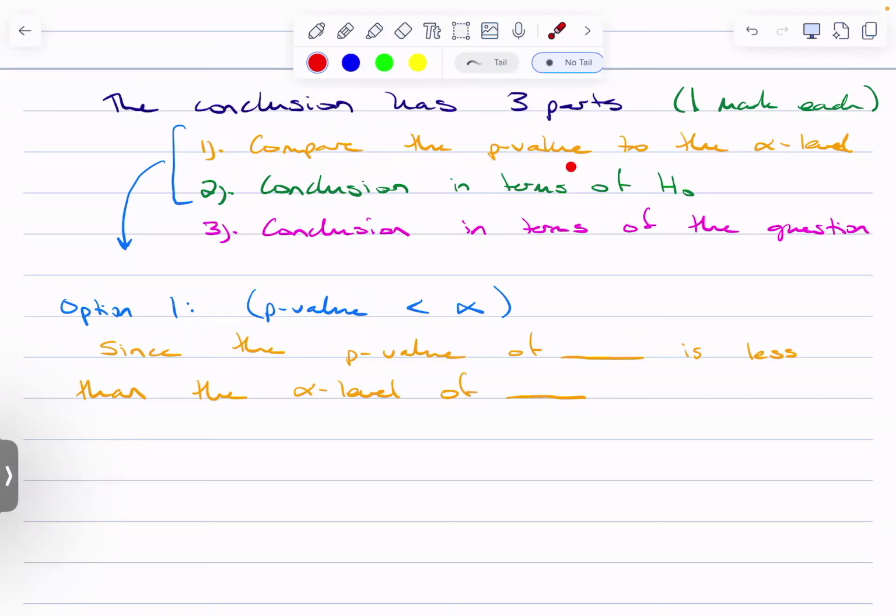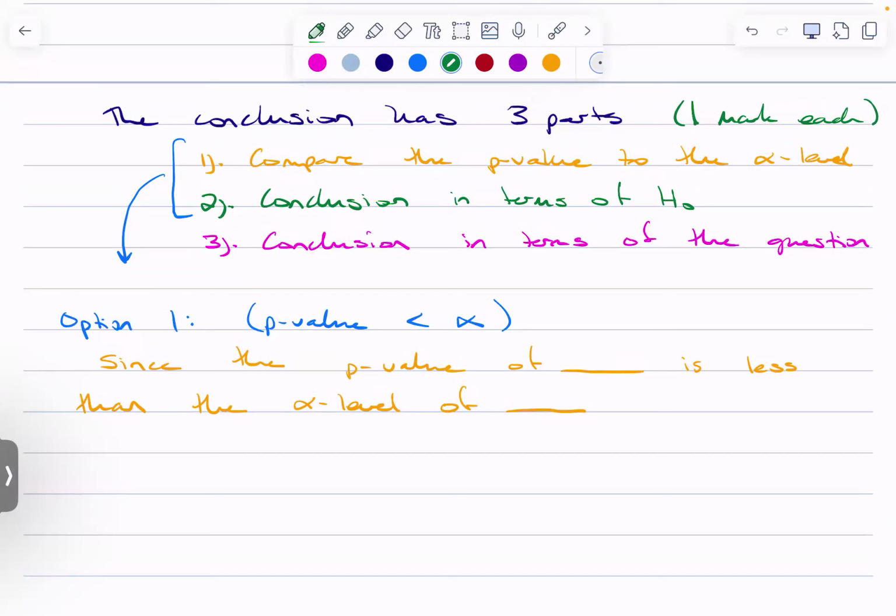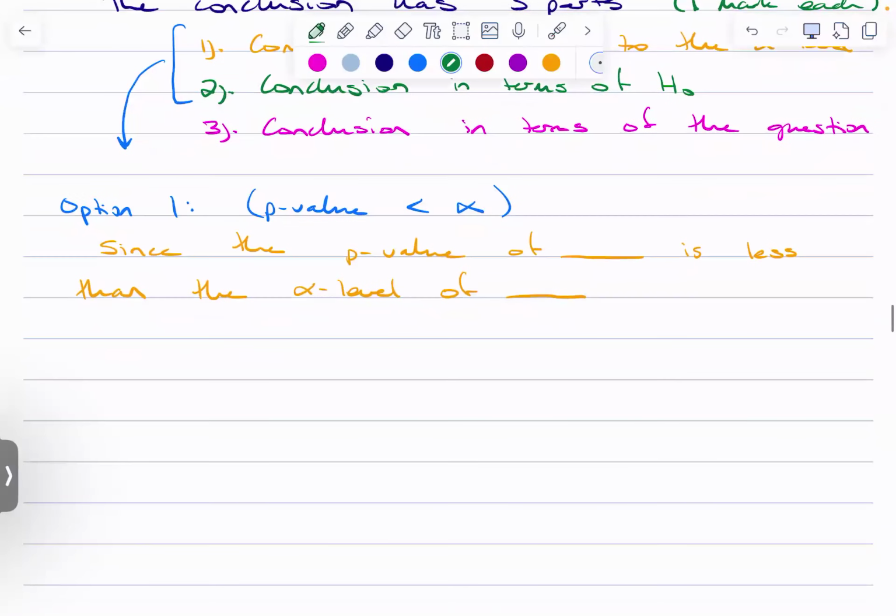Compare the p-value to the alpha level. That's what this looks like. Since the p-value of blank is less than the alpha level of blank, if the p-value is small enough, which means it's less than the alpha level, you've moved out into the tails far enough.